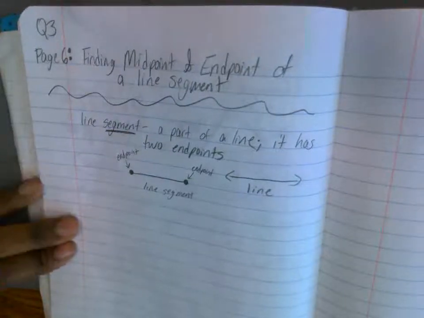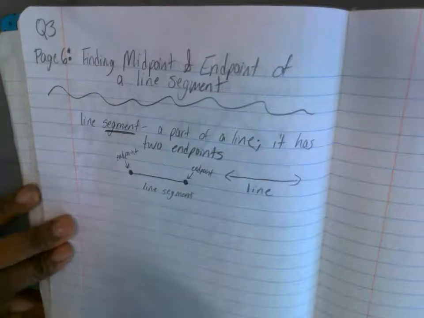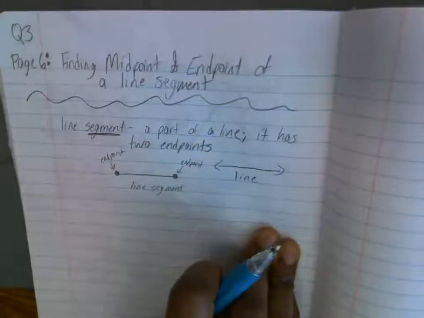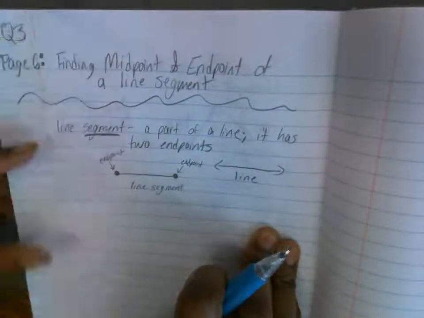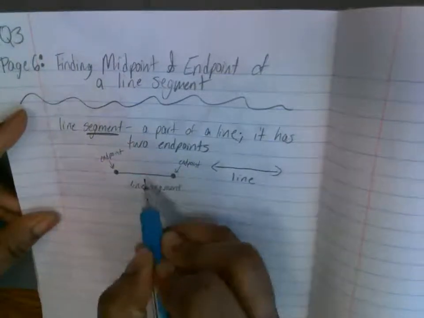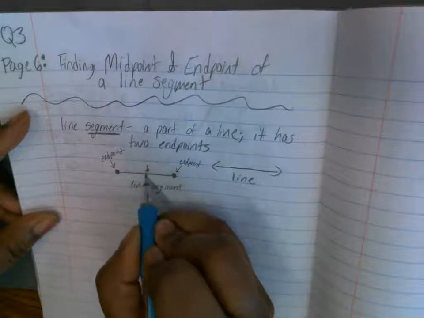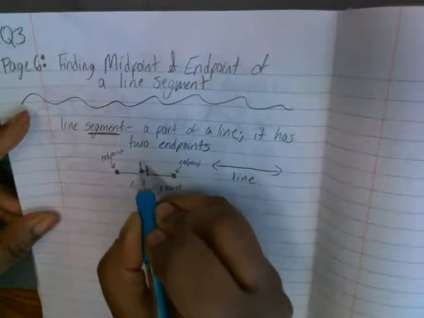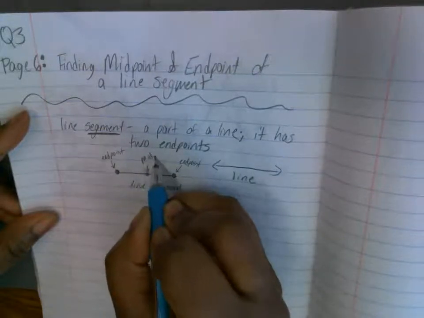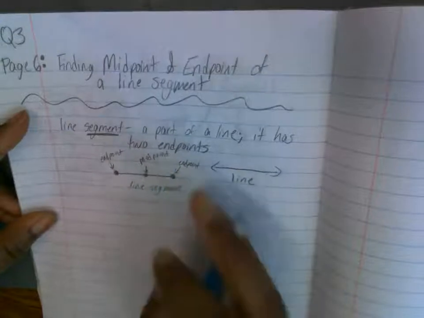Finding the midpoint is finding the point in the middle of the line segment. It's the halfway point, so your midpoint cuts the line into two halves. This is your midpoint. Simple enough, right?